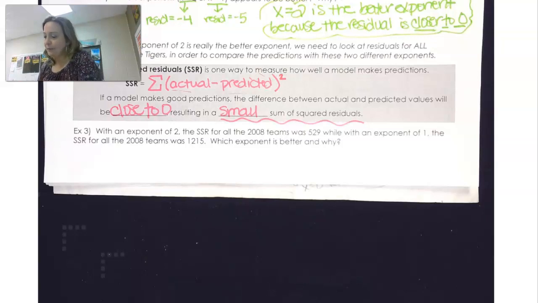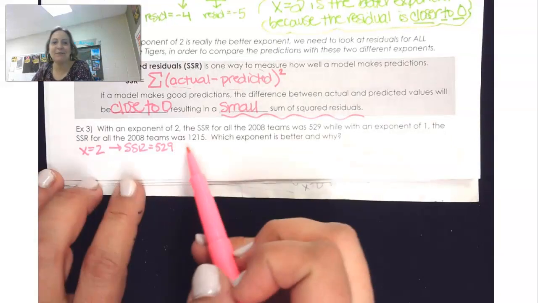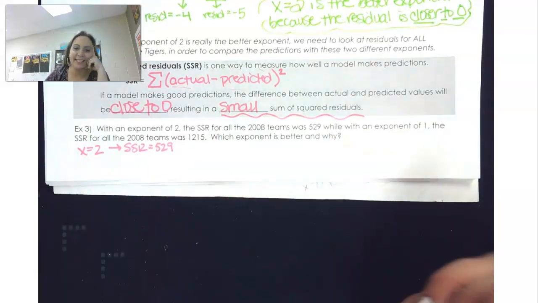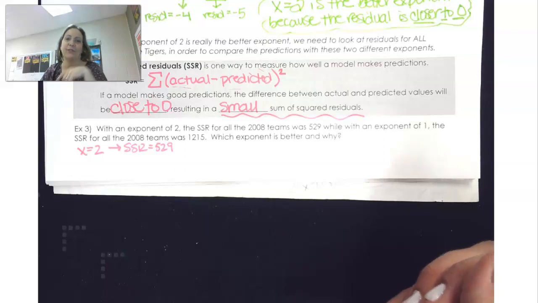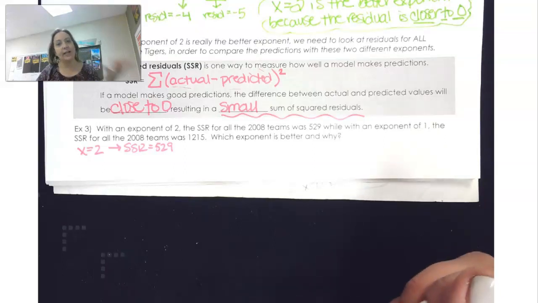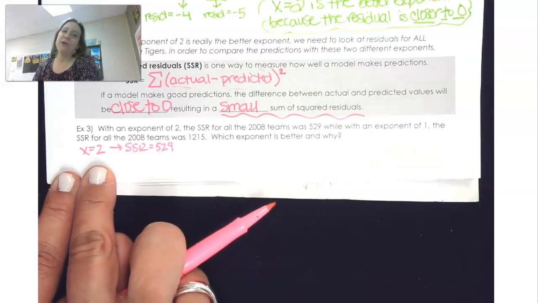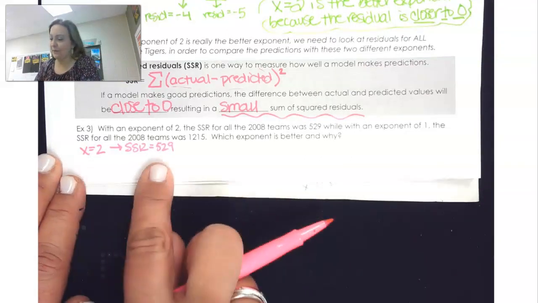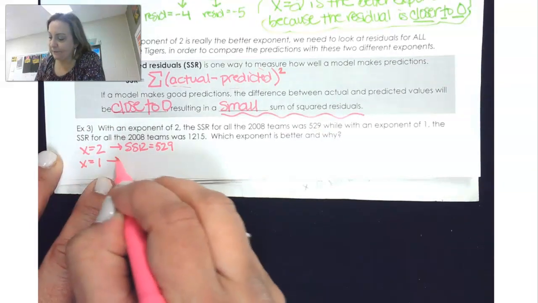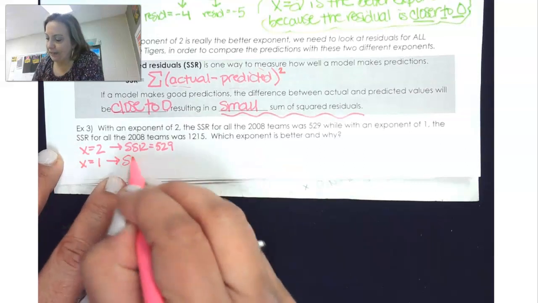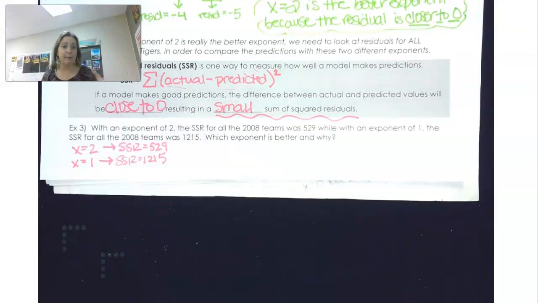So this says with an exponent of 2, the SSR for all the 2008 teams was 529, while with an exponent of 1, the SSR for all the 2008 teams was 1215. What exponent is better and why? So I just started organizing this information. With x equals 2, the SSR was 529, and with an exponent of 1, the SSR was 1215. Which one is going to be better?